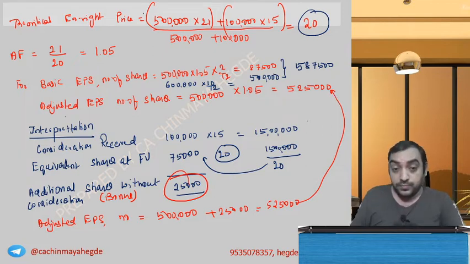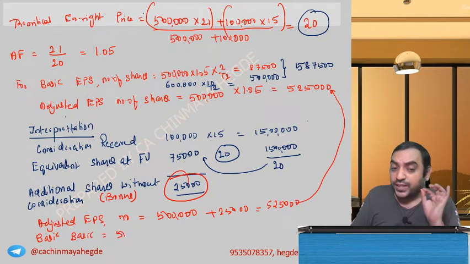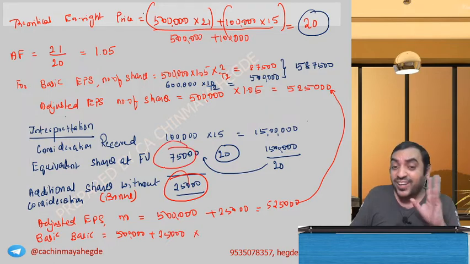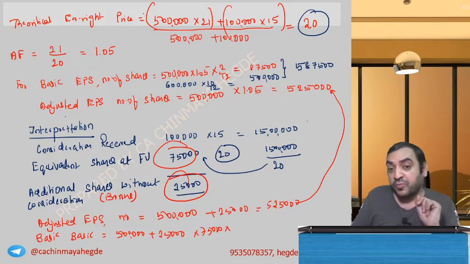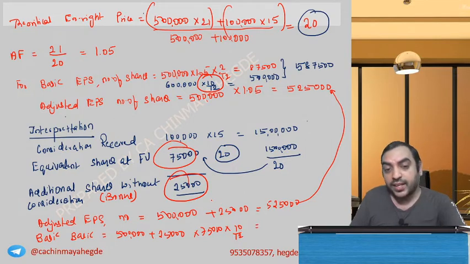For the current year, for basic EPS, 5 lakh we take. 25,000 from the beginning, full months. Then fair value equivalent 75,000, and fair value equivalent only for the number of months outstanding, that is 10 months. Calculate 75,000 into 10 by 12.